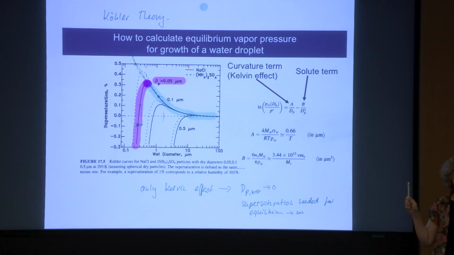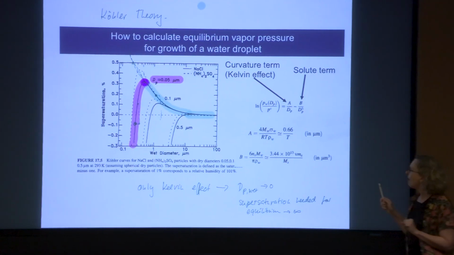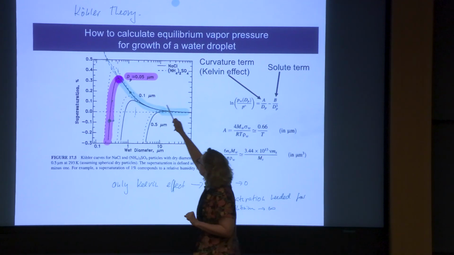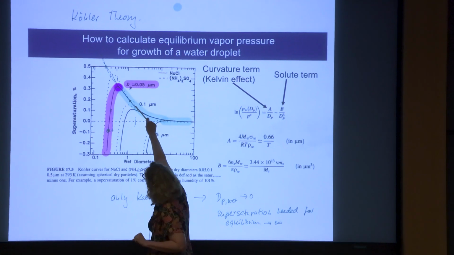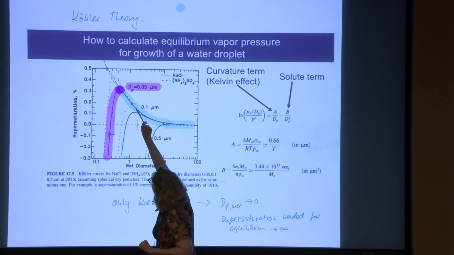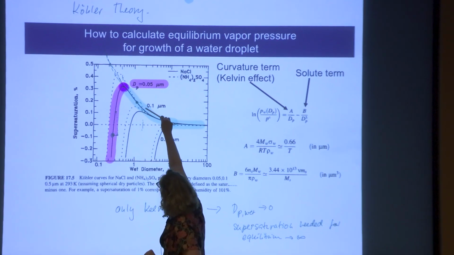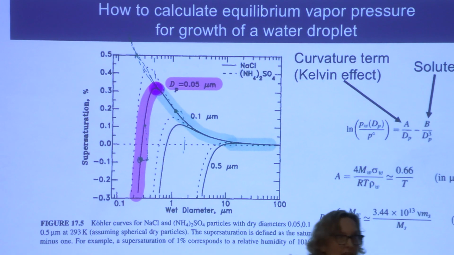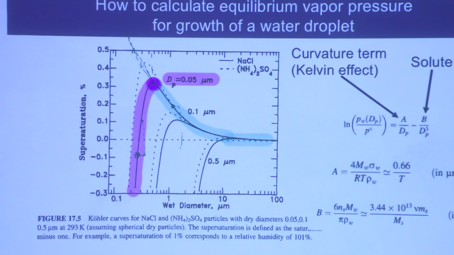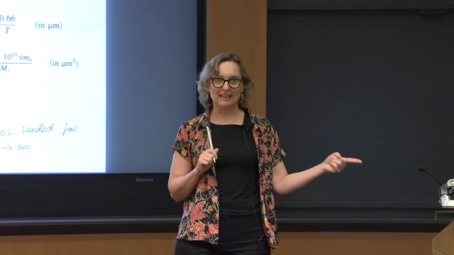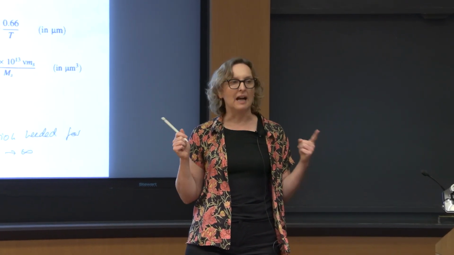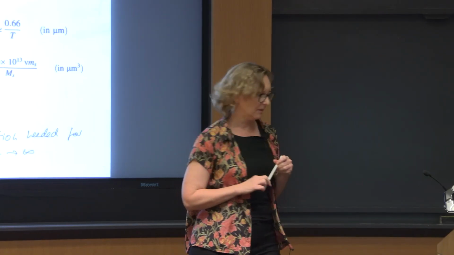Now that's a very different situation, because by adding a few water molecules and making this particle a tiny little bit bigger, its new equilibrium saturation is actually lower, right? And so if the environment hasn't changed, this particle now will feel supersaturated suddenly, right? And so that branch is an example of an unstable equilibrium.